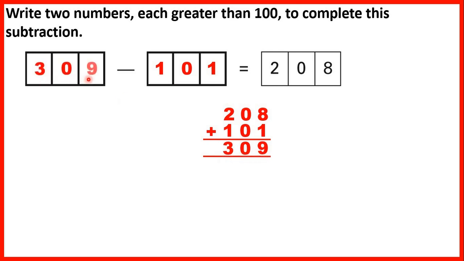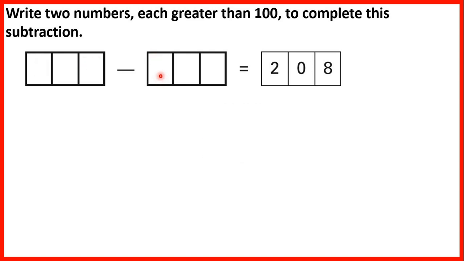So we can have 309 for the first number in our subtraction, because then both of our numbers are greater than 100, and 309 minus 101 will give us 208. But there are lots of possible different answers here.